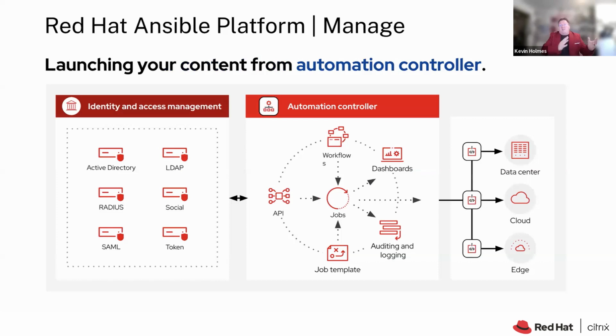But from one side to the other, we have considerations of security, access management, visibility, observability, an audit trail, the concept that when we're launching privileged actions or privileged automations, we can track those back down to the originator or to the core user. So this is all crucial in an audit trail, being able to track these right down to data center, cloud, and edge activities that automate these.